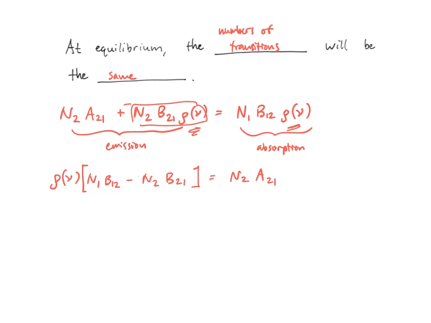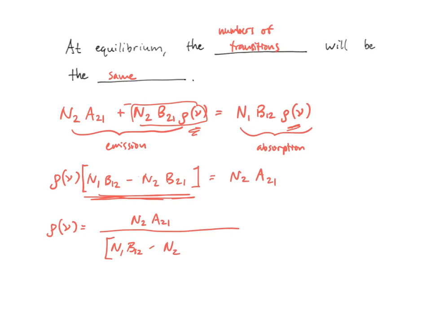And now I can divide both sides by this term right here, and I can get this rho nu on one side, and then the rest is N2 A21 divided by N1 B12 minus N2 B21.